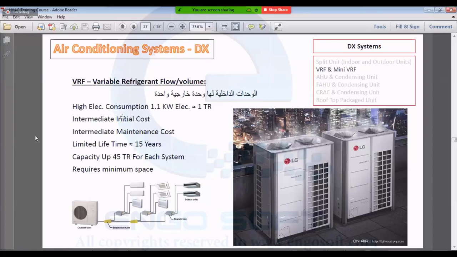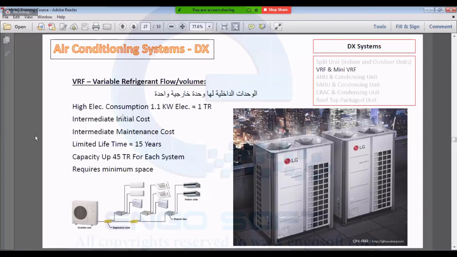So it is one outdoor unit and several indoor units. Okay, this is good. So what are the properties of this unit? It can unfortunately have high electricity consumption. It is not very cheap and not very expensive. It has intermediate initial and maintenance cost.